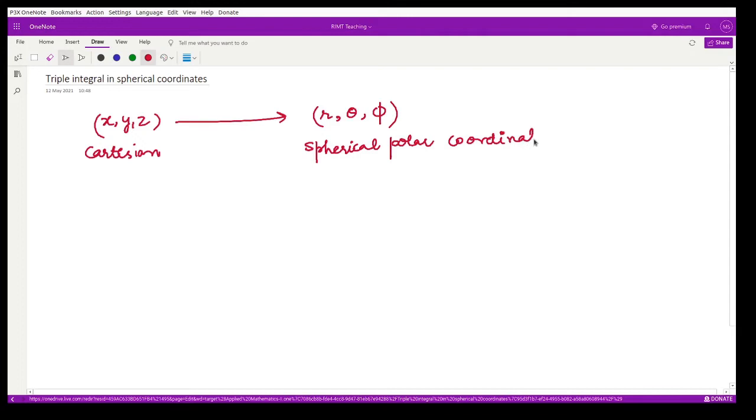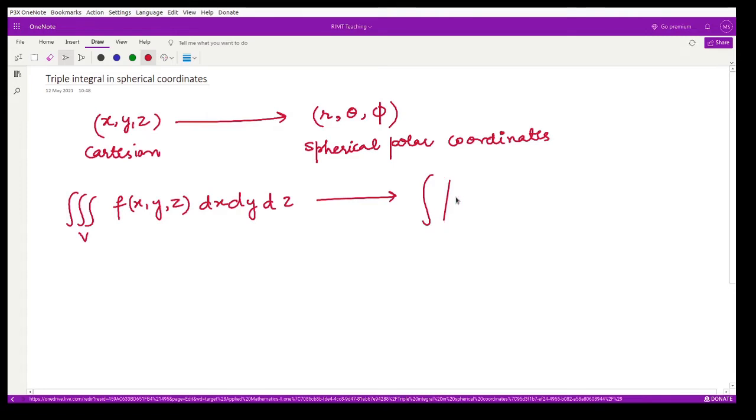So when you move from this coordinate system to this coordinate system, what would happen to the triple integral defined like this? How will this change? This is what we have to see.